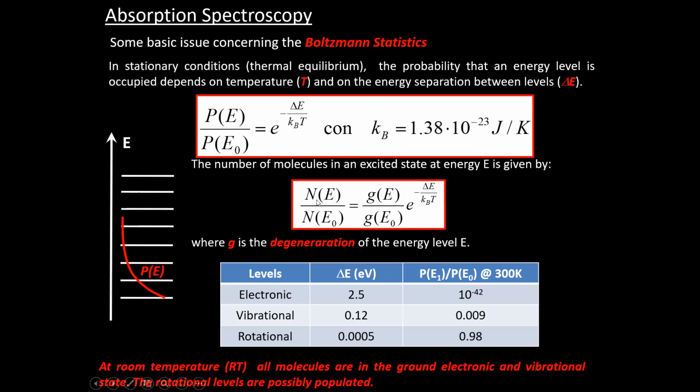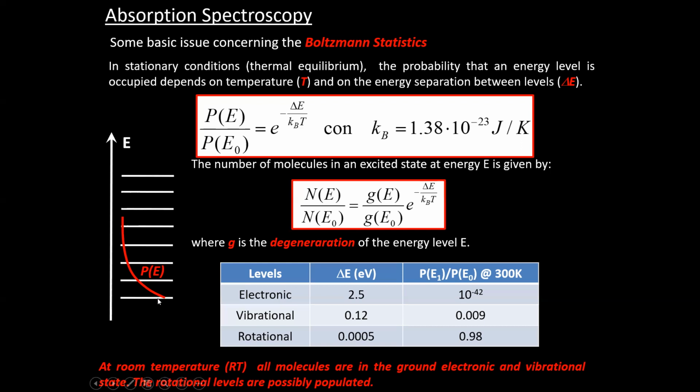So we are not speaking anymore of probabilities, but we are speaking of number of molecules. Then you can show that you still have the Boltzmann factor, this e to the minus delta E divided by kB times the temperature. So the Boltzmann factor is the same here, but here you have a multiplying term, and this g that you have here is the degeneracy of your energy level.